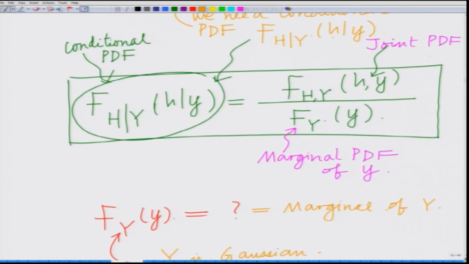Now, we substitute the joint probability density function of h comma y in the numerator and the marginal probability density function of y in the denominator in this expression to get the conditional probability density function of the parameter h given y. Once we get it, we can evaluate the mean of this conditional probability density function to derive the MMSE estimate of the parameter h given the observation y.